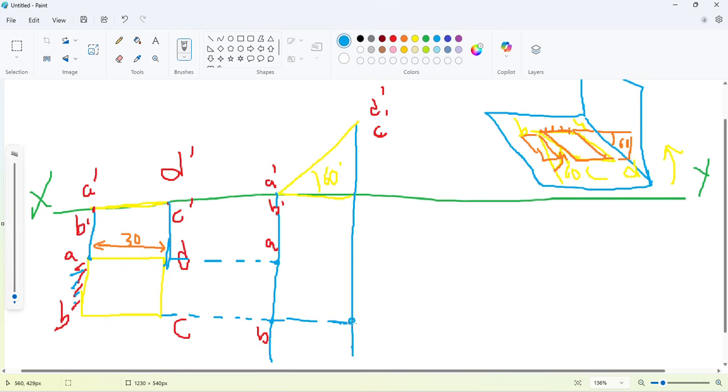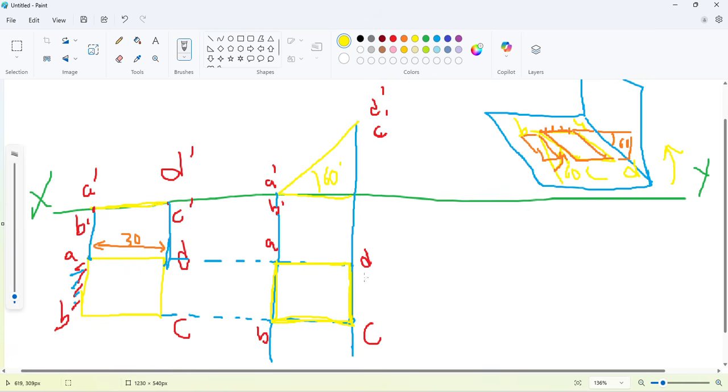So this is going to be C, and from D again a line which will intersect with this vertical line. So this is going to be D. So this is point D and this is C. Now you can connect these points: A to B, B to C, C to D, and D to A. So this is going to be a rectangle.